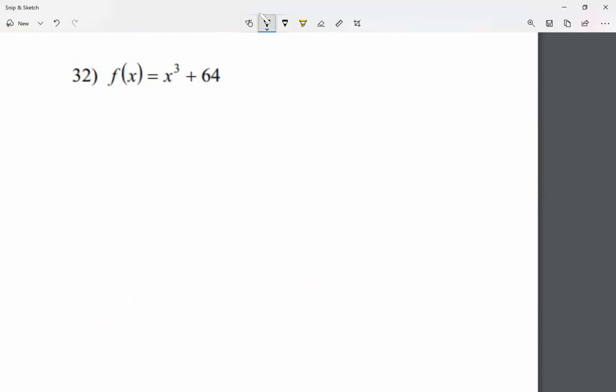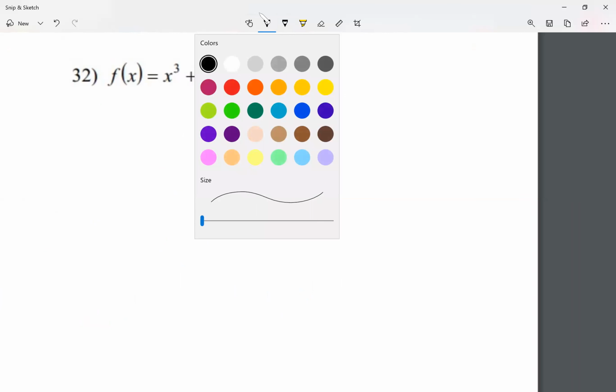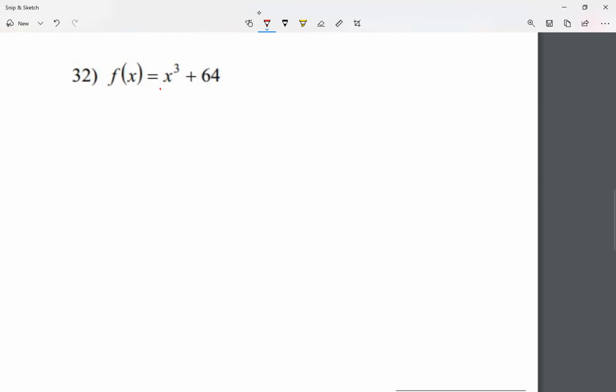All right, let's take a look at this one. According to Descartes, this is positive and this is positive. There are 0 sign changes, right? Positive, positive, it did not change. So 0 changes means on the right side of the y-axis, I will not cross the x-axis.